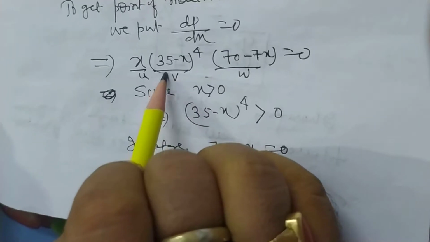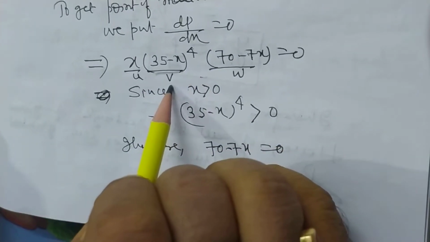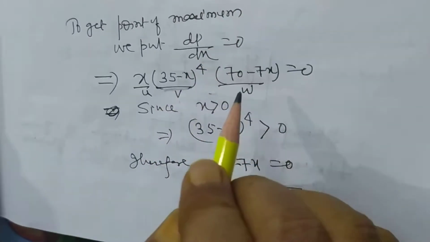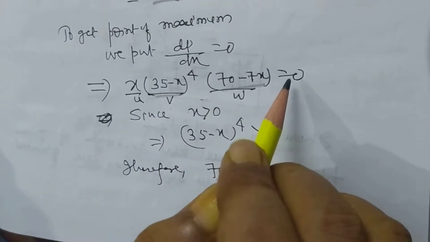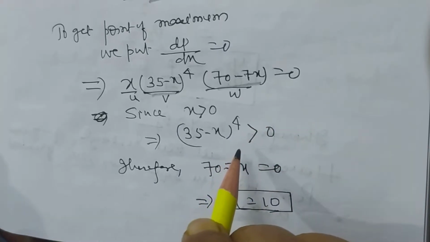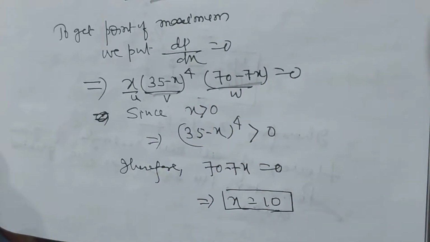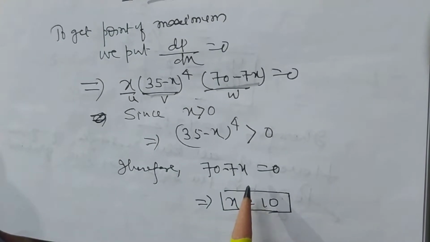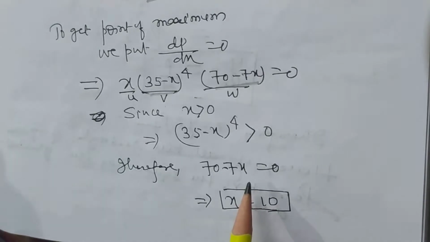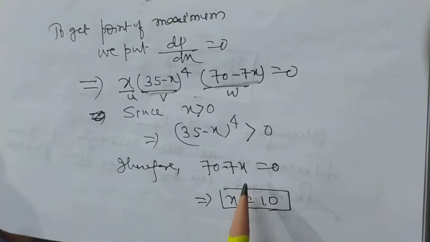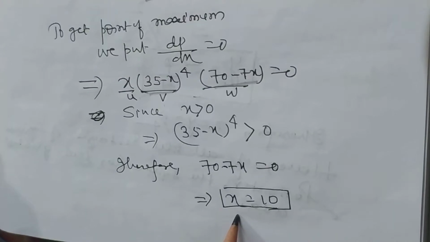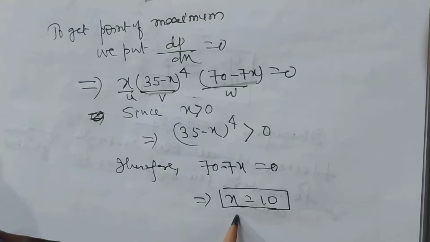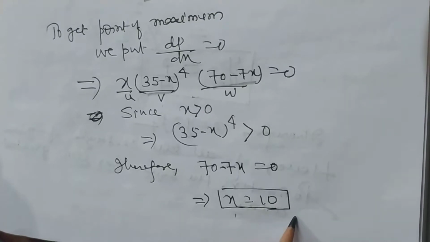So (35 minus x) to the power 4 is also not equal to 0. So now 70 minus 7x is equal to 0, and x is equal to 10.